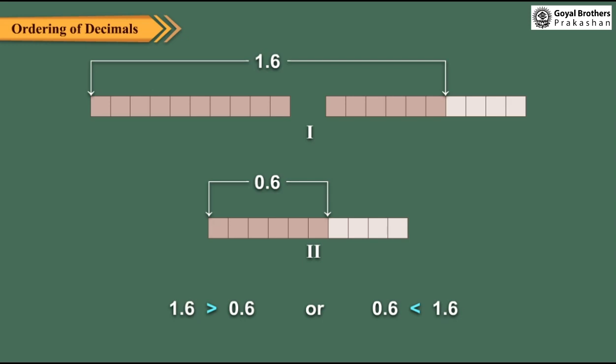Do you know what to do when both the decimals have the same whole number parts? In this case, we compare their 10th digits. Decimal with the bigger 10th digit is greater. For example, in 8.52 and 8.94, the whole number part is same, that is 8. The 10th digit of 8.52 is 5 and that of 8.94 is 9.